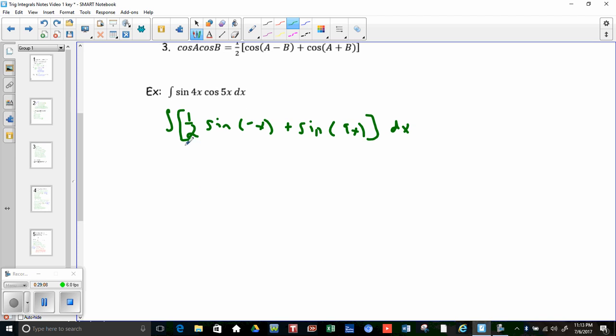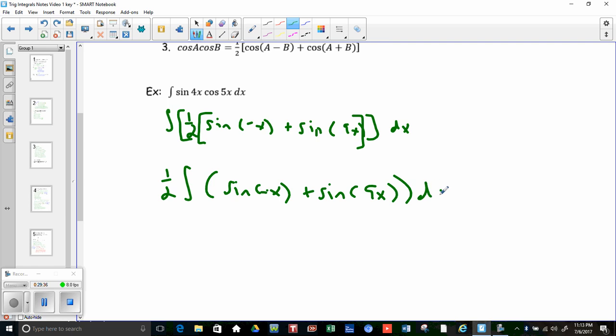Actually, I need an extra parentheses in here. That's kind of ugly. You get the idea, though. So let's pull the constant 1/2 out to the front of the integral. So what I have is the integral of sine of negative x plus sine of 9x dx.